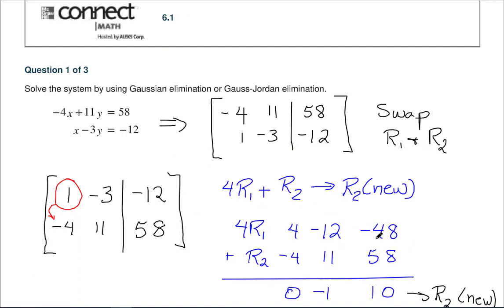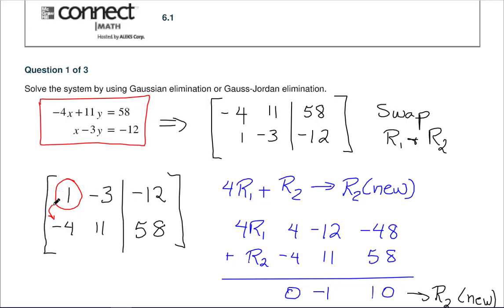So here's my initial system of equations. I grab all the coefficients, minus 4, 11, 58, 1, minus 3, minus 12. I want a 1 in this top left position, and I'm noticing I can just swap row 1 and 2, and I'm going to get a 1 there.